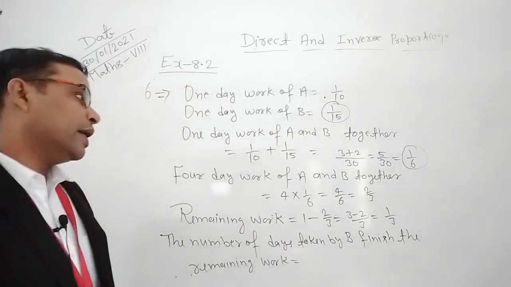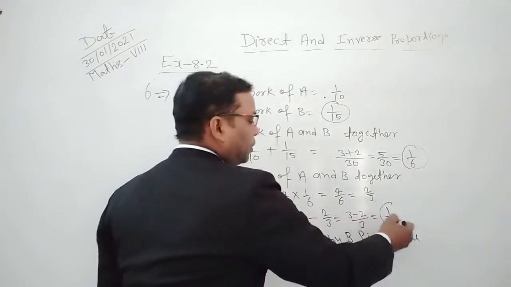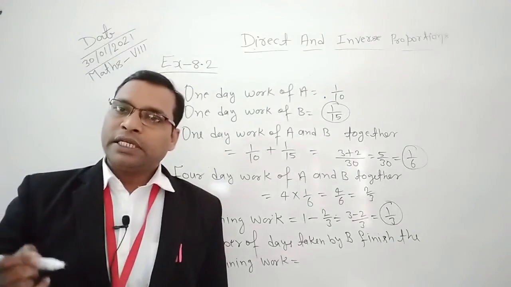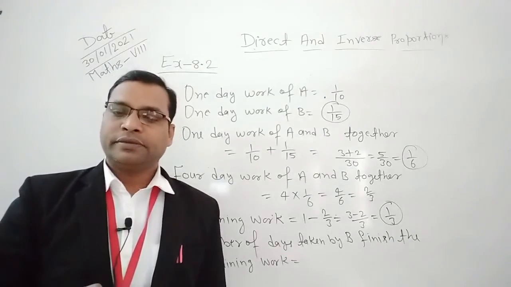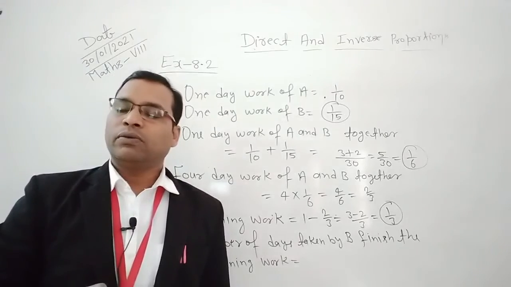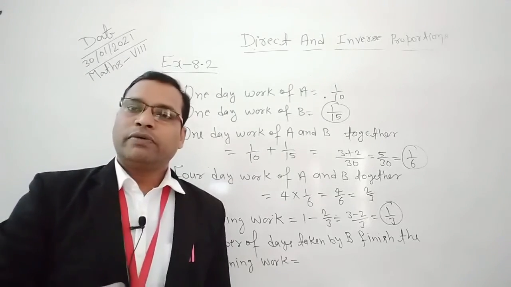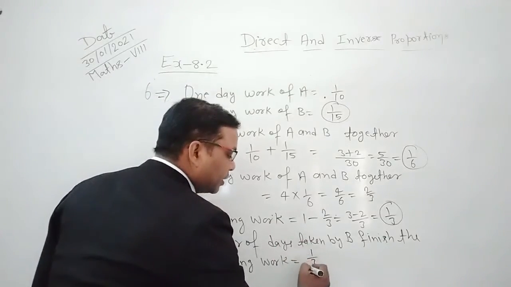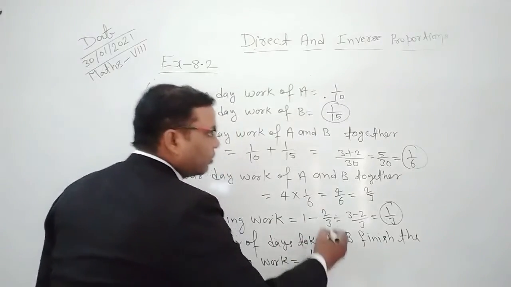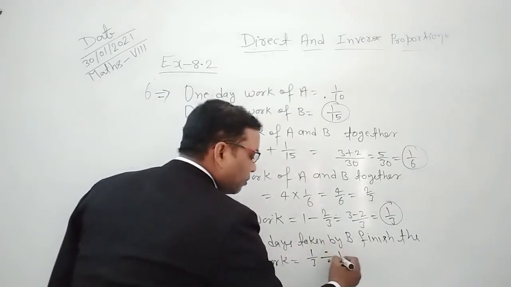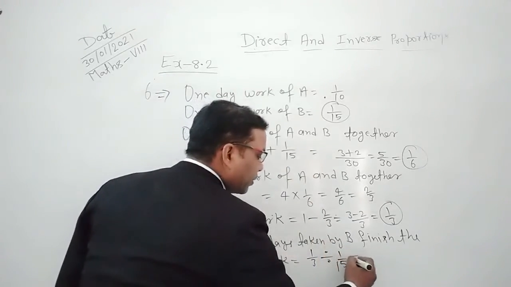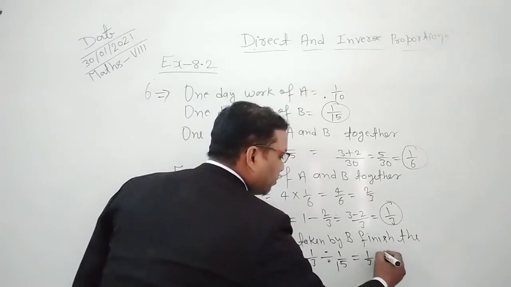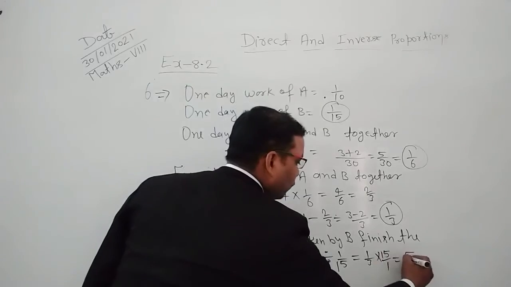This is clear, and the remaining work is 1 upon 3. So if you divide the remaining work by 1 upon 15, then we find the number of days. Or you can say work to be done divided by the 1 day work of B. So the work to be done is 1 upon 3, divided by the 1 day work of B, which is 1 by 15, or you can write 1 by 3 into 15 by 1, which is equal to 5.